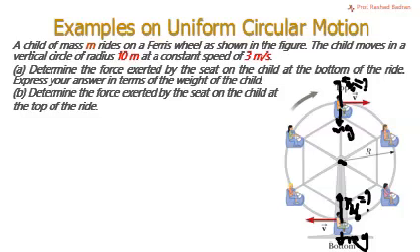And you have to find these forces in terms of its weight. Here, notice obviously the speed at the bottom equals that at the top, as we said before, because this is a uniform circular motion.